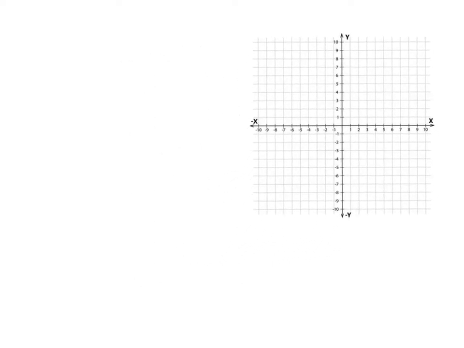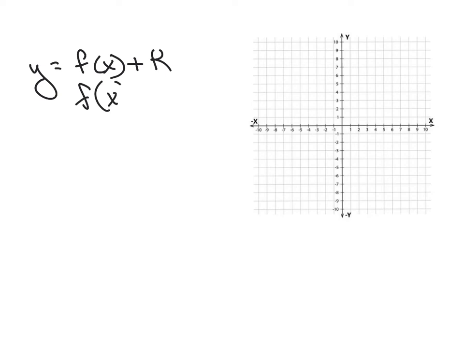And that rule is, if we have y equals f(x) plus k or f(x) minus k, that will give us our vertical translation. So this is what we just went over, but this is the general formula.